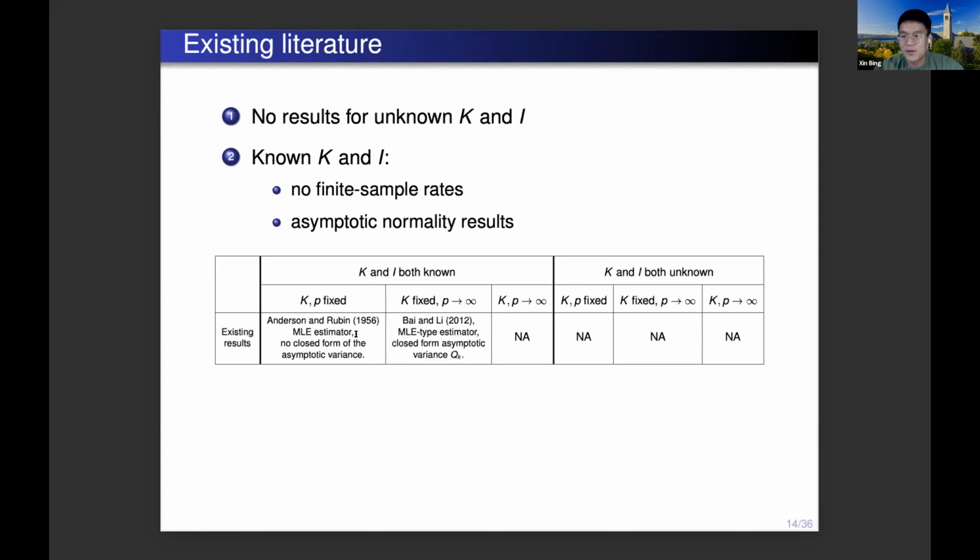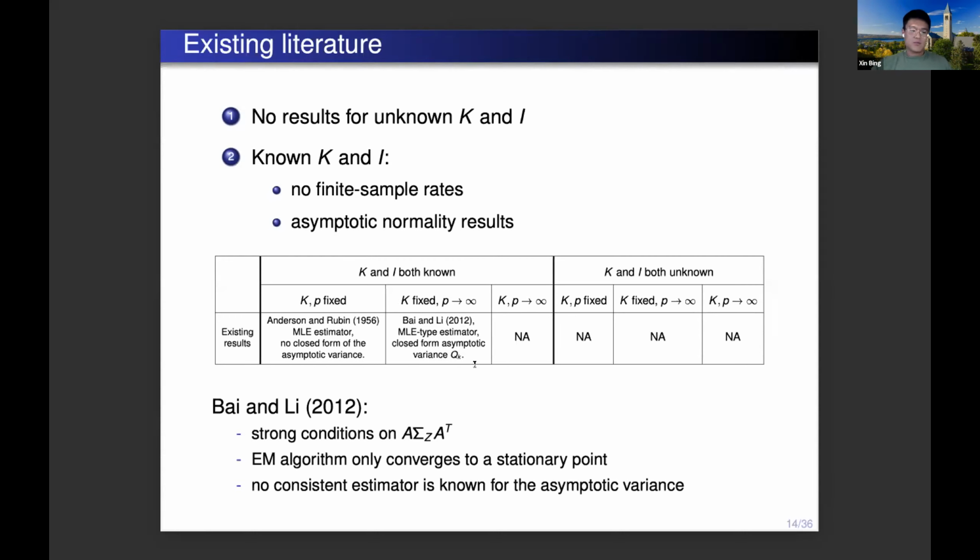However, according to their paper, the asymptotic variance of the MLE estimator is too complicated to even derive. And if the number of features P is allowed to grow, in 2012 they analyzed an MLE type estimator where they successfully derived the closed form asymptotic variance of the beta.